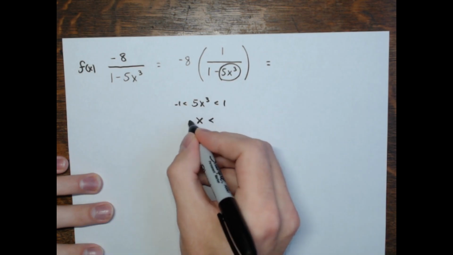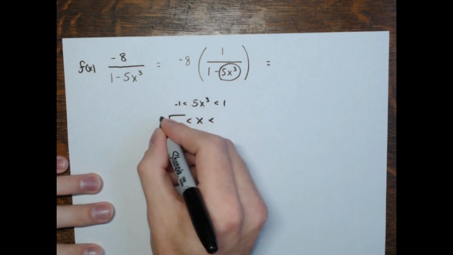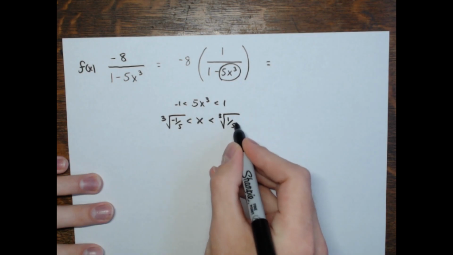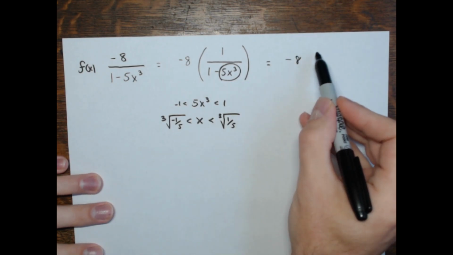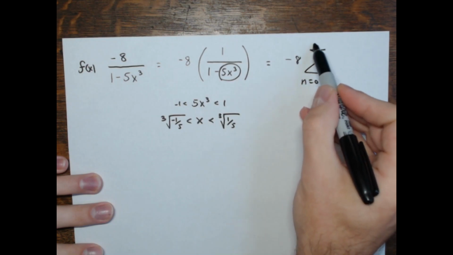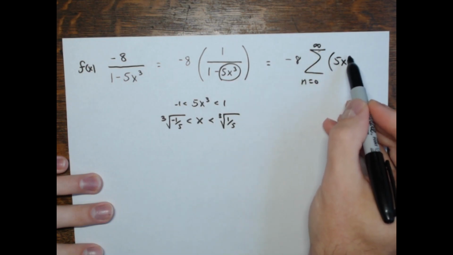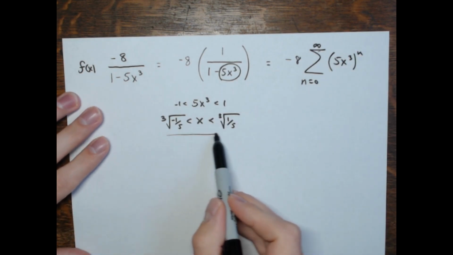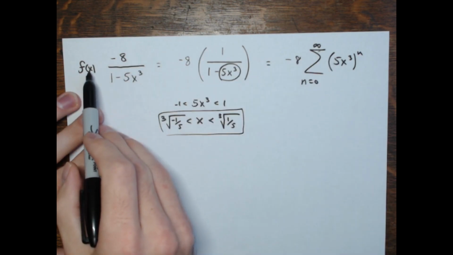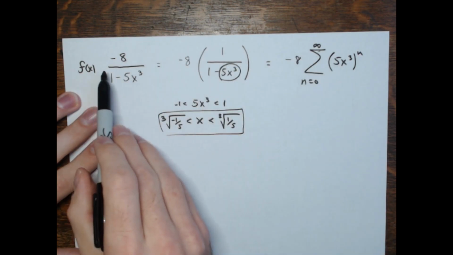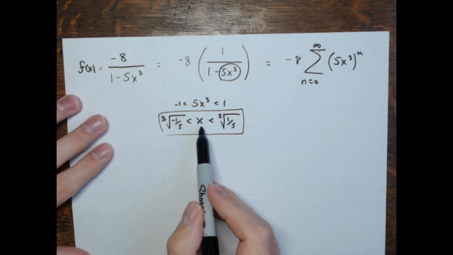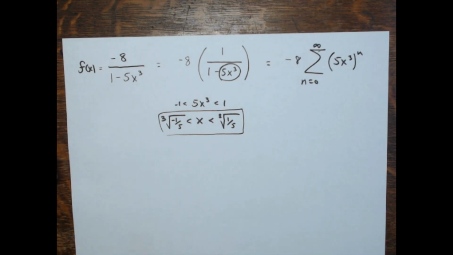That's going to happen when x is between the cube root of -1/5 and the cube root of +1/5. So for our series here, we'd have -8 sum from n equals 0 to infinity of 5x cubed to the nth, which would be 5 to the n times x to the 3n. That series will converge to f on this interval, where x is between the cube root of -1/5 and the cube root of +1/5.